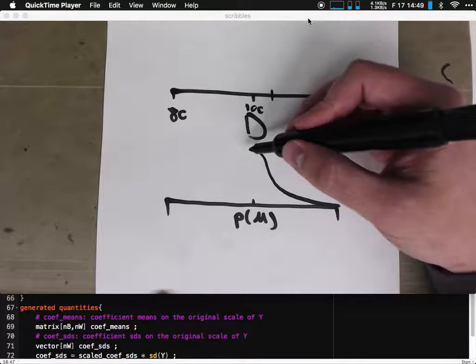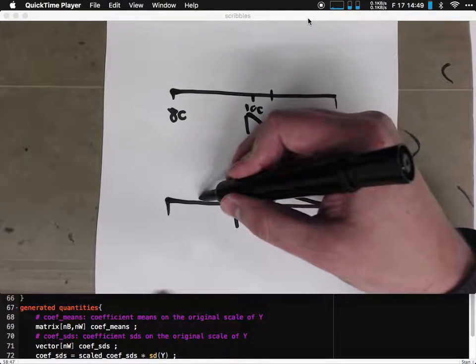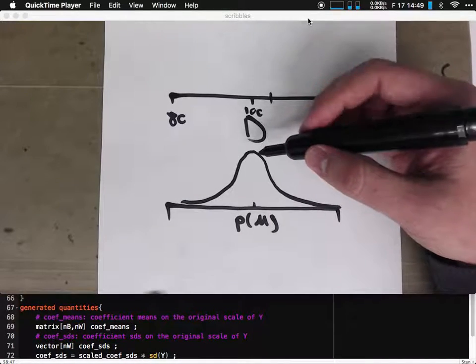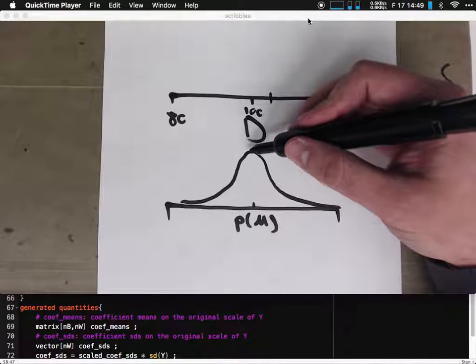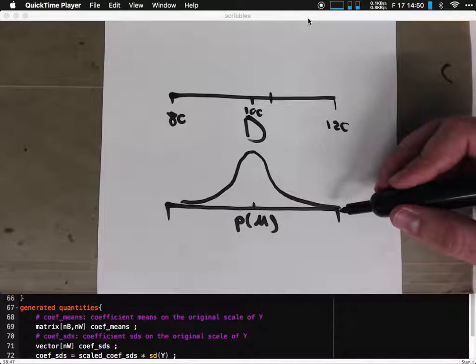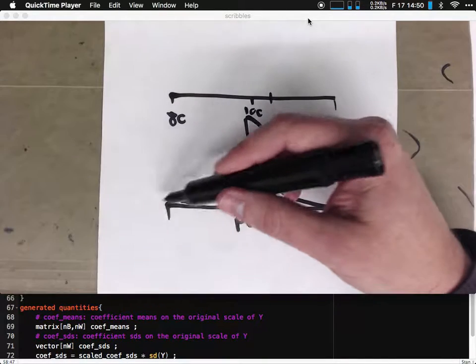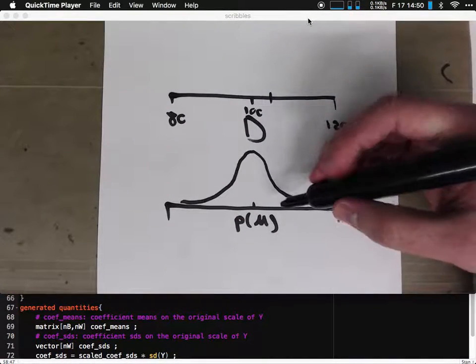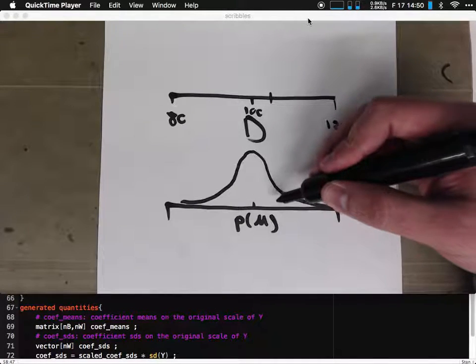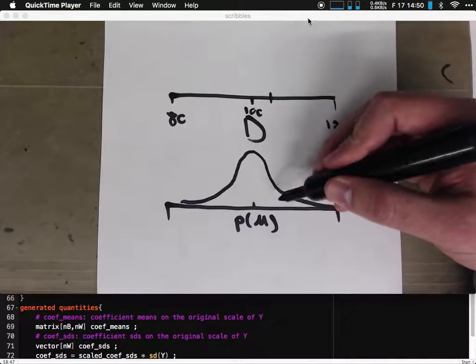So I'd not be very surprised if I were to eventually find out that the true value was 100. I'd be very surprised if I found out the true value was 120, and very surprised if I found out the true value was 80. Reasonably surprised if it were like 105-ish, which is around right there.